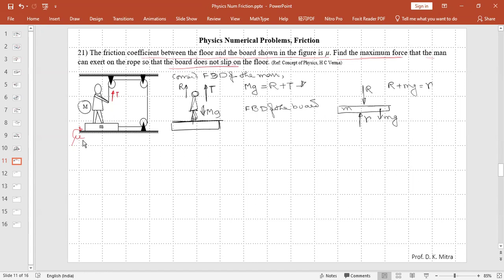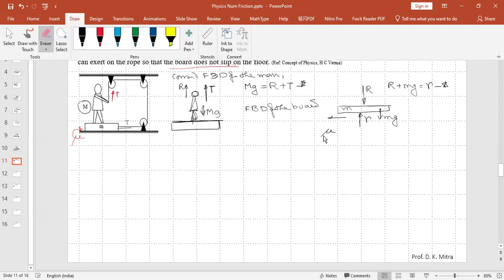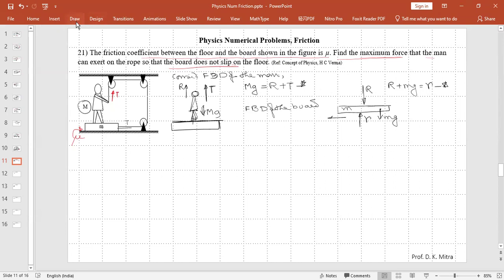This is one equation. This is another equation. And also we know the frictional force. There is a tension T in this direction, so there will be a frictional force in the opposite direction. The frictional force Fs is equal to mu multiplied by the reaction force small r.